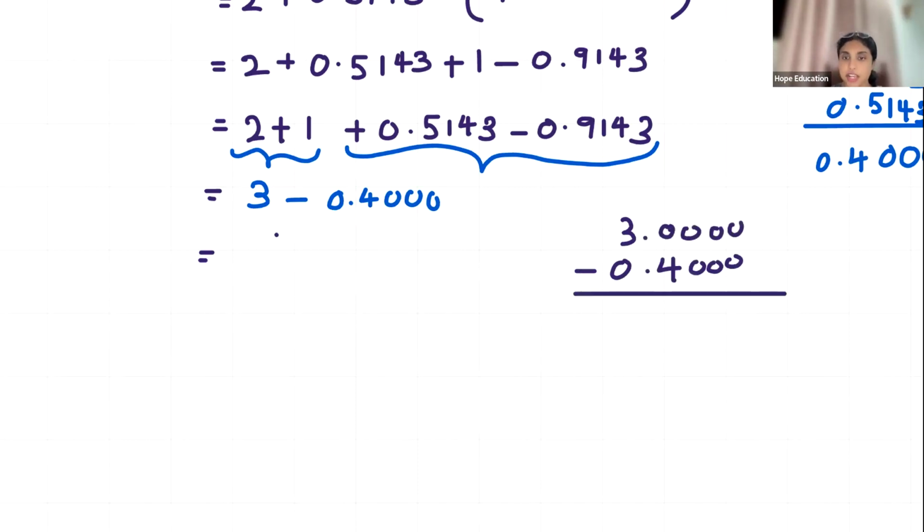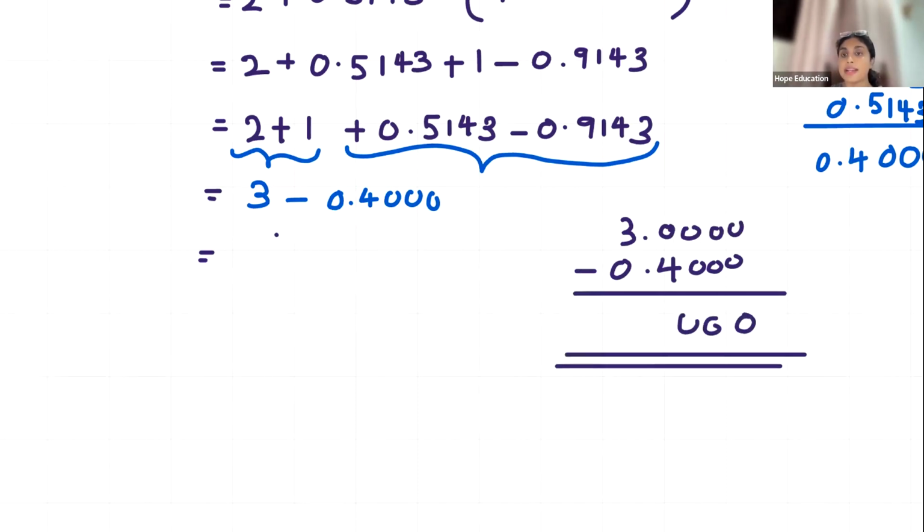We do a normal subtraction there. 0 from 0 is 0, 0 from 0 is 0, 0 from 0 is 0, 4 from 0, borrow 10, 10 minus 4 is 6. Here it's not 3 but 2. 2 minus 0 is 2. So I get the answer as 2.6000. Is that clear?